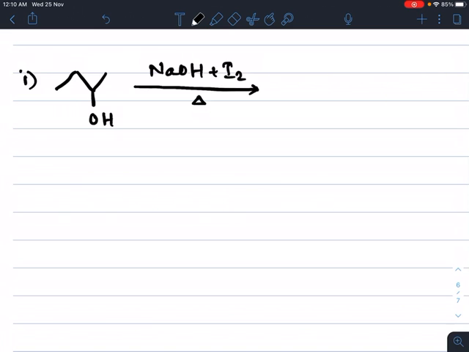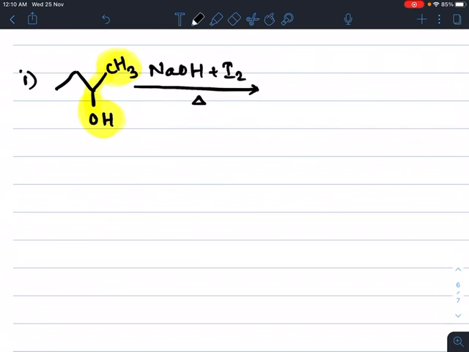If you observe this compound, the OH group is attached to a carbon to which a CH3 group is attached, and this is a secondary alcohol.